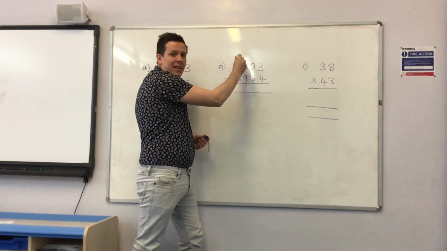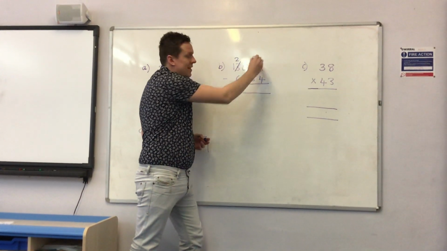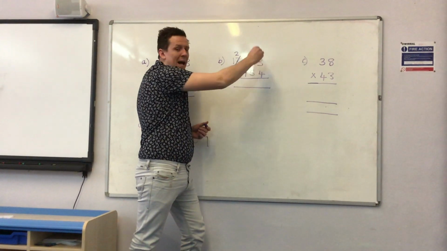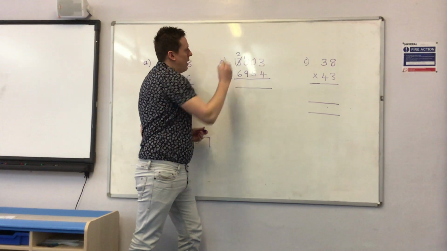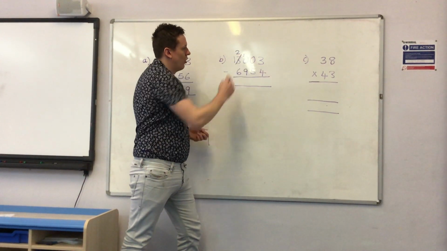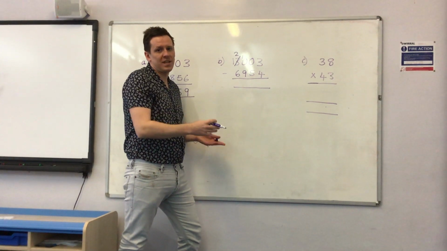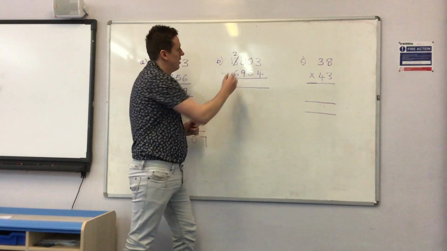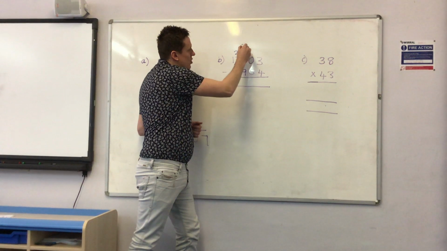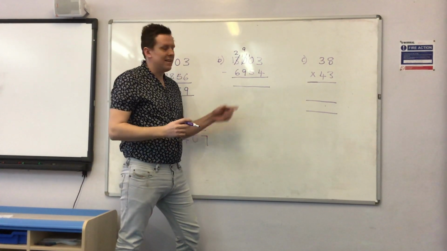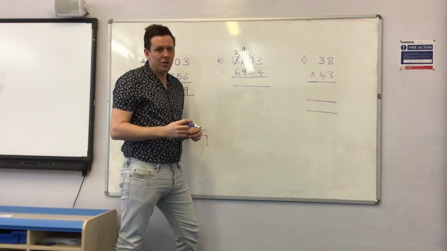I cannot, Year 5, take this straight to the 3, which is what I really want to do. I've got to work my way back through the columns. So I'll put my 1,000 in my hundreds column to create 10 hundreds, because remember 10 hundreds are equivalent to 1,000. Then I can exchange, and that becomes 9, and take my 1 into my tens. 10 tens, remember, is 100.